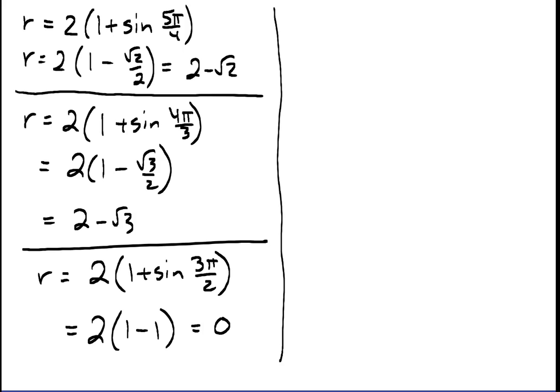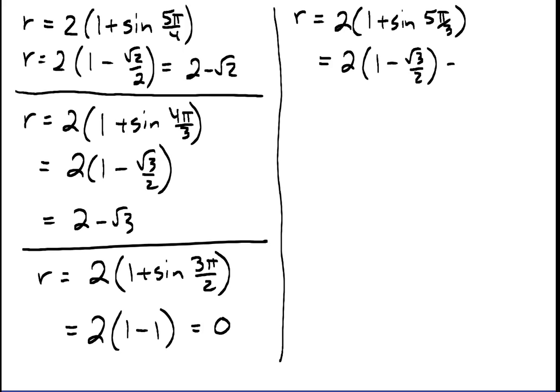Okay, let's get the other ones done here. After that one, what we have is a 5 pi over 3. And when we do that, again, it's the symmetry that happens again. That's going to give you a negative root 3 over 2. Distributing that out gives you a 2 minus root 3.